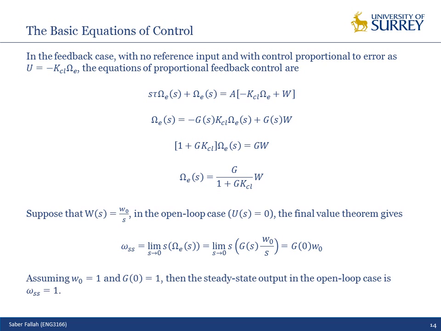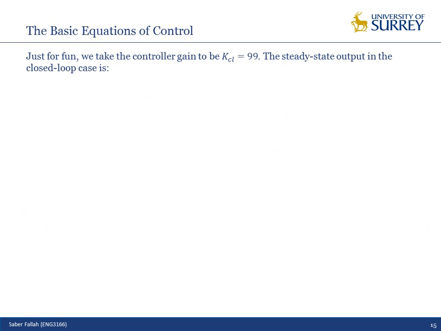But my reference is 0, right? If my reference is 0, omega SS should be 0. But I have 1. It's a huge difference, a 100% error. If you look at here, for fun I choose K closed loop equal to 99.